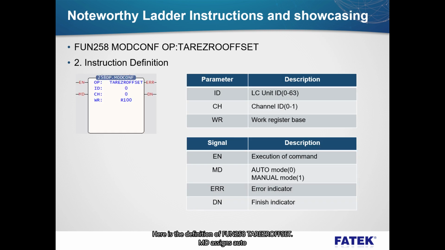Here is the definition of function 258 TARES ROFFSET. MD assigns auto or manual mode. WR is where relevant parameters are filled in.